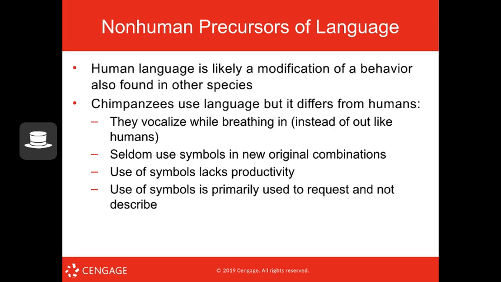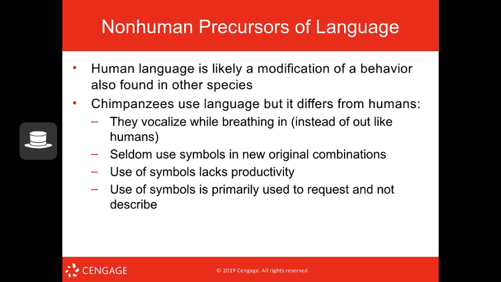They very rarely use symbols in new original combinations. So you're not seeing a lot of chimpanzee slang, right? Their symbols aren't productive, so they're not creating new ideas, and they're primarily using their symbols to request and not to describe.